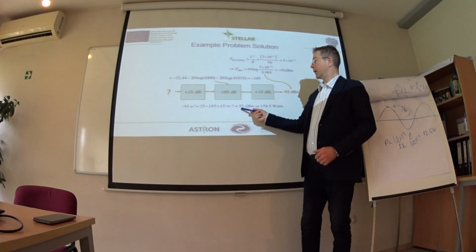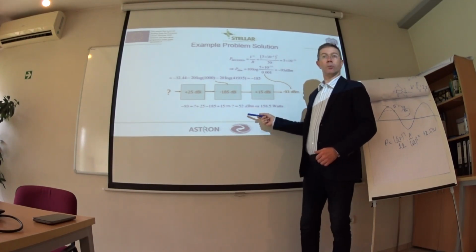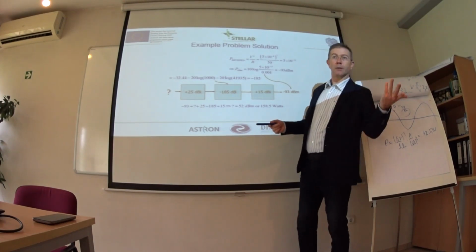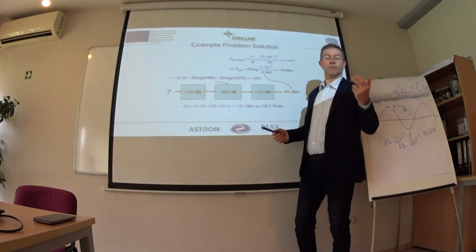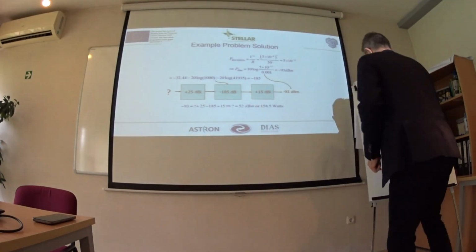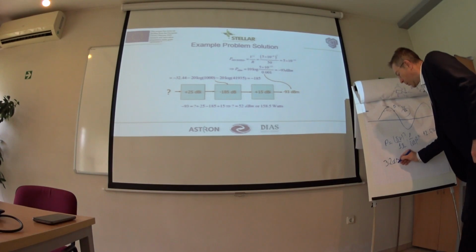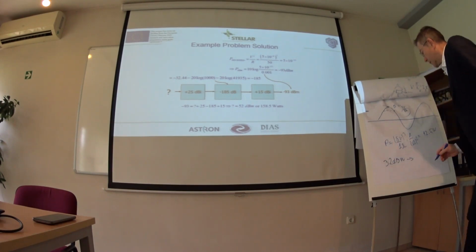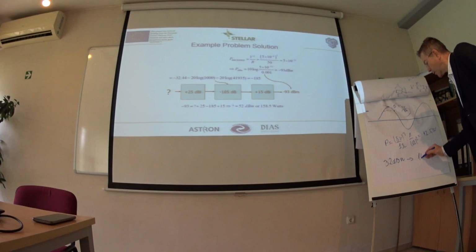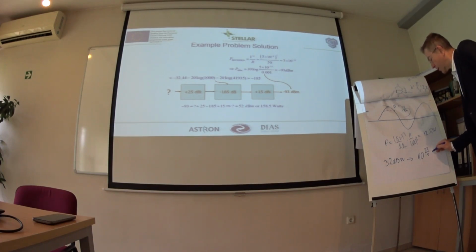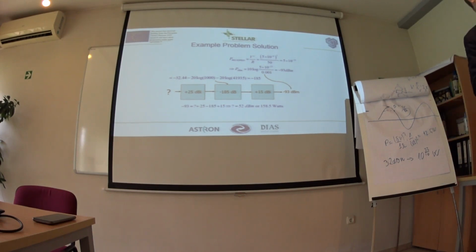So you just subtract 30 from this, you will get 32 dB watts, and then you can easily convert it to watts. 32 dB watts means that 10 on power 32 over 10 watts. Easy peasy.